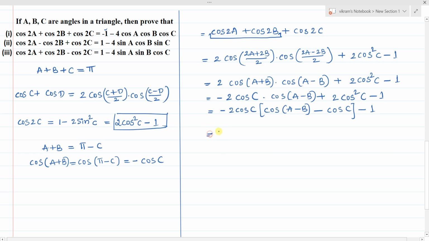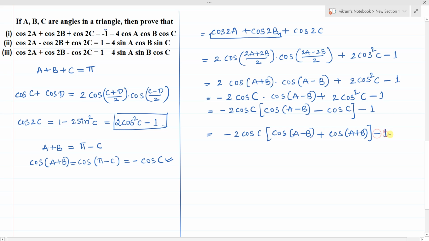But minus cos C is nothing but cos of (A plus B).